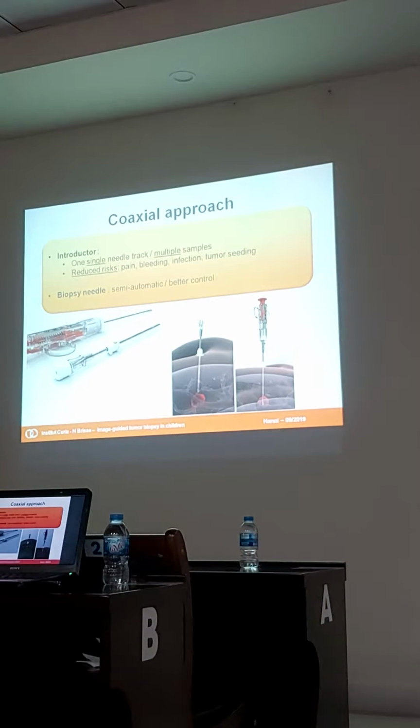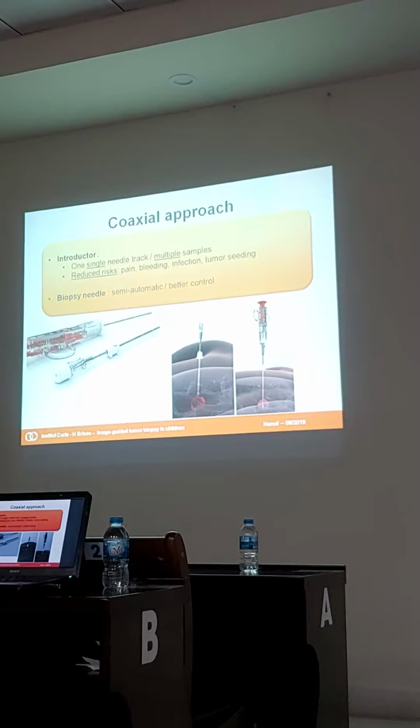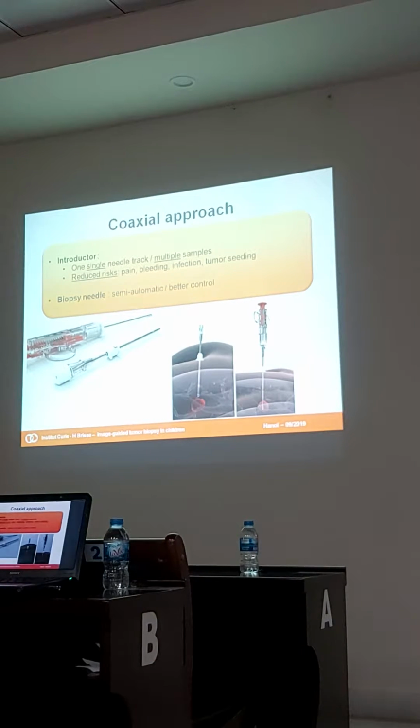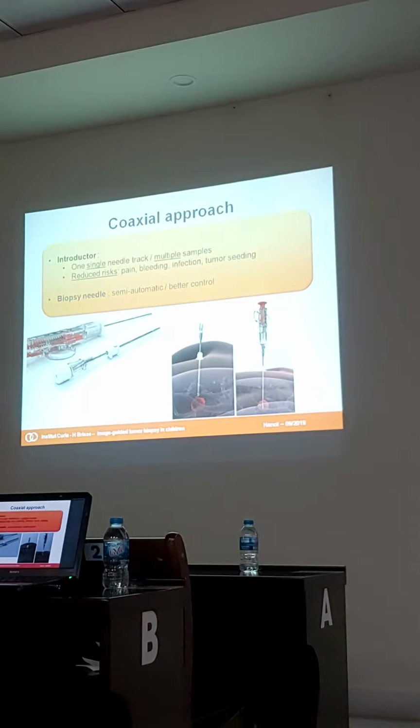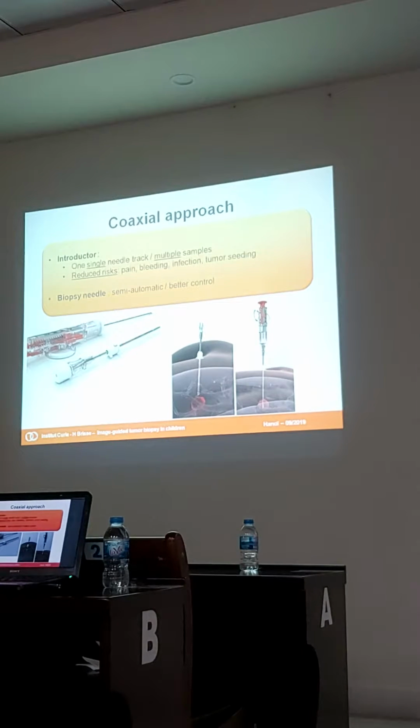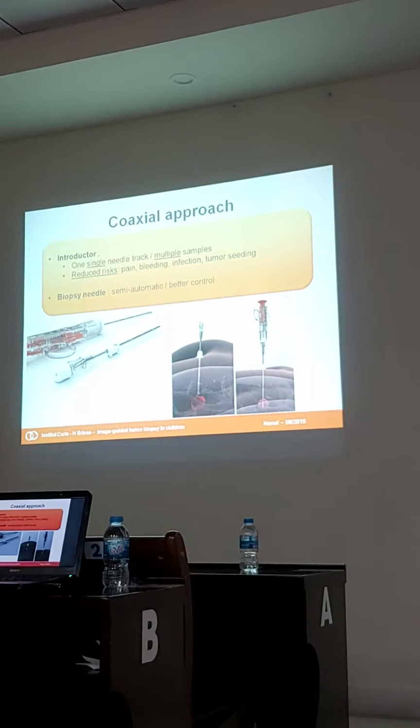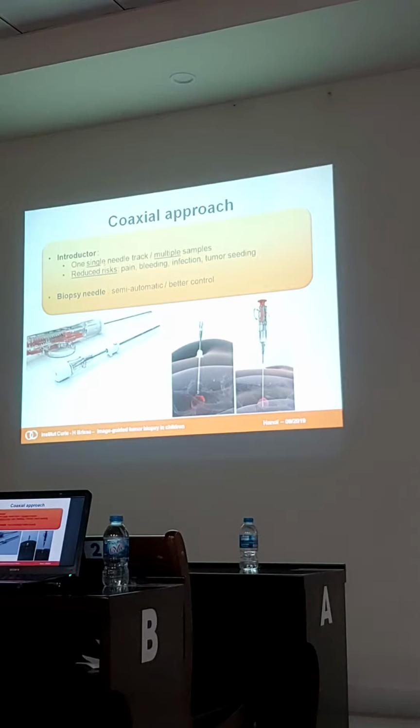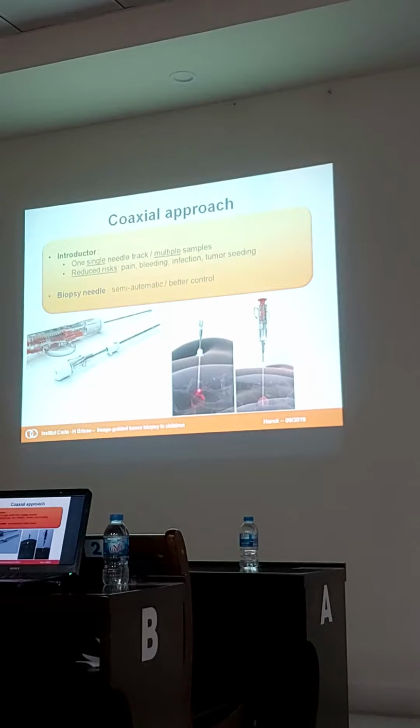What about the method for the needle biopsy? It's a classical coaxial approach. Why coaxial? You need two needles, one for the biopsy and one external needle to go to the tumor. Because when you use this coaxial method, you make only one single needle track to go just near the tumor.